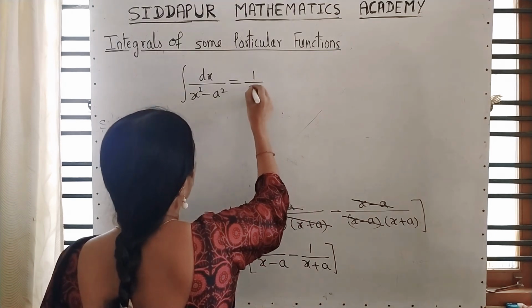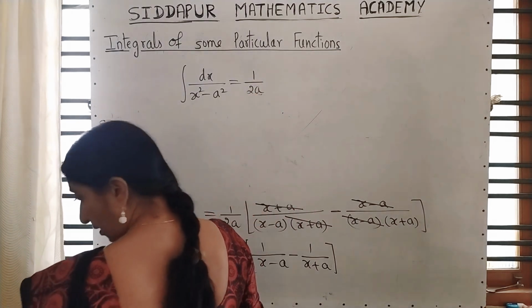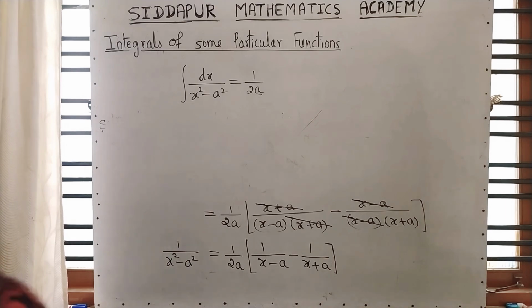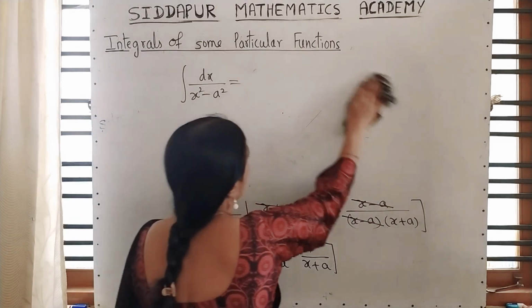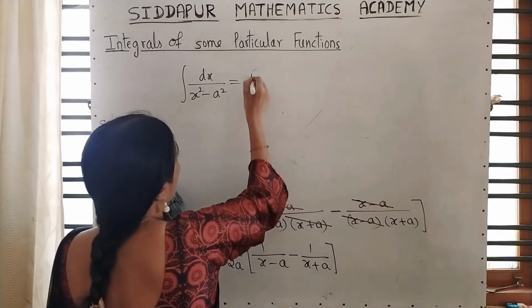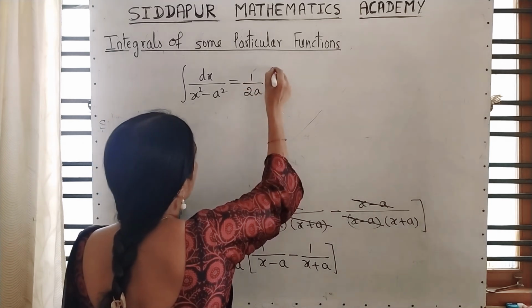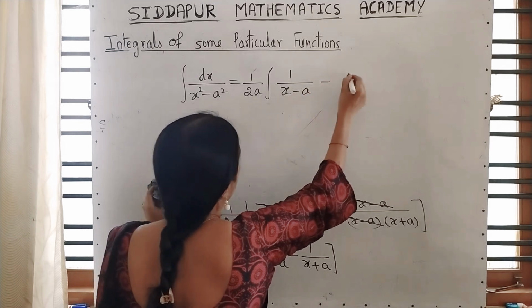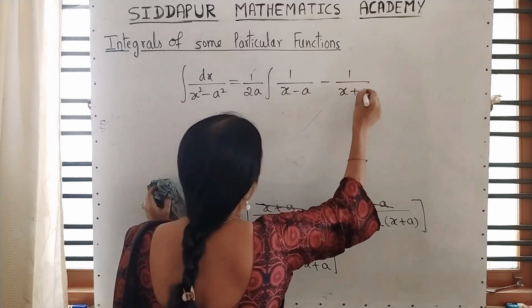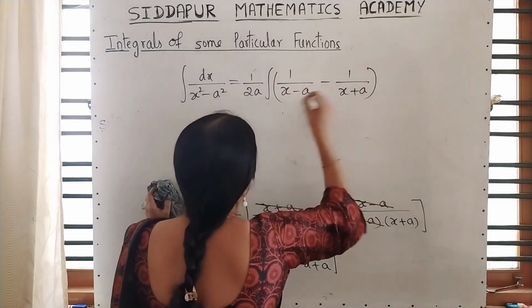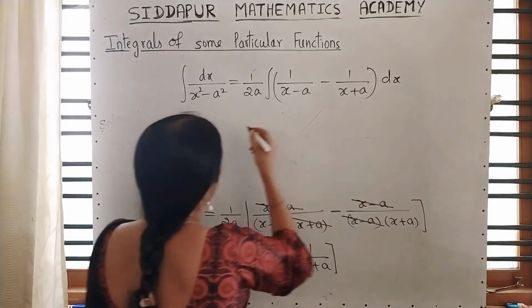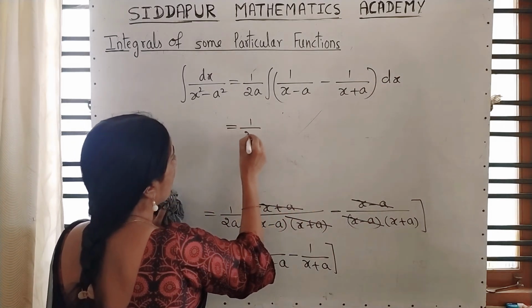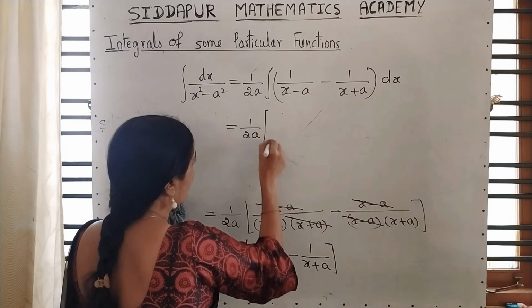This is 1 by 2a because it is a constant. One upon 2a, integration of 1 upon x minus a minus 1 upon x plus a into dx. Keep 1 by 2a as it is in the bracket.